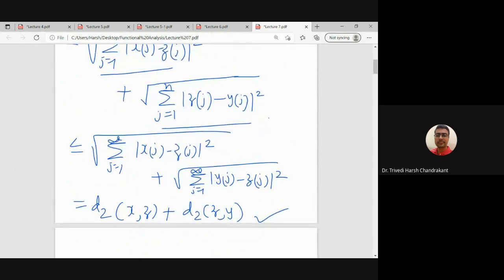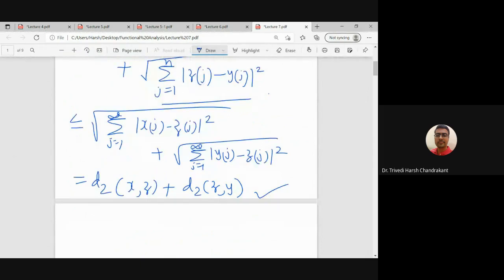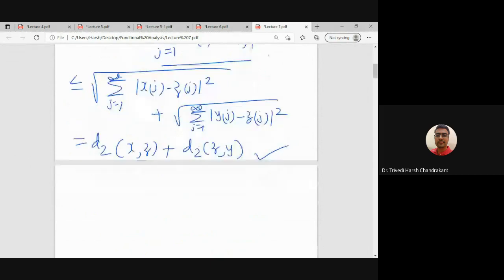Again, it is a sequence, the sequence of nth partial sums, which is a non-negative term sequence, which is bounded above by fixed numbers.